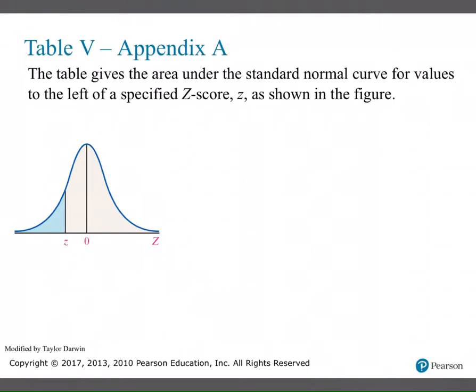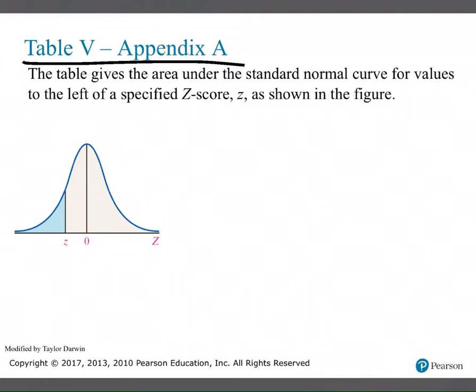So if you have a book, it is in Table 5, Appendix A. But I've also given one on your Canvas, which is under Course Information in the Modules tab. The table gives us the area under the standard normal curve for values to the left of a specific z-score.